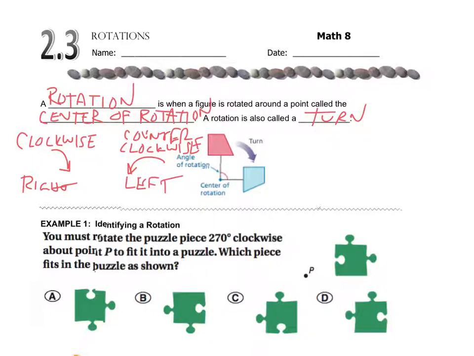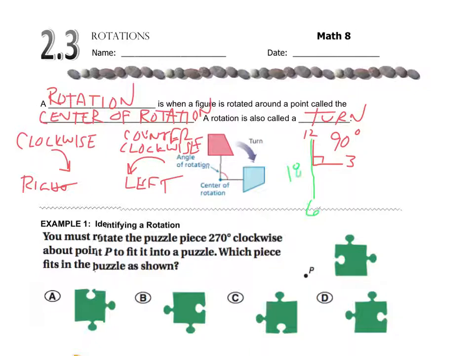Then we have to look at how far I am turning. Depending on how far I'm turning, look again at that same clock up on the wall. If I was to go 90 degrees, for example, on the clock, it would be from 12 to the 3. This is a 90-degree turn. It makes a 90-degree angle. That would be like one turn. If I was going 180, I would then be coming all the way down to the 6.